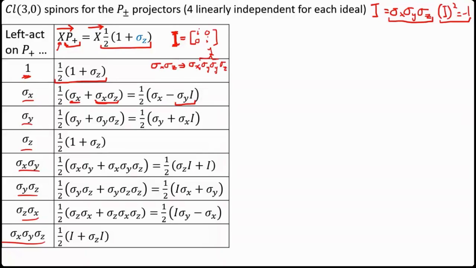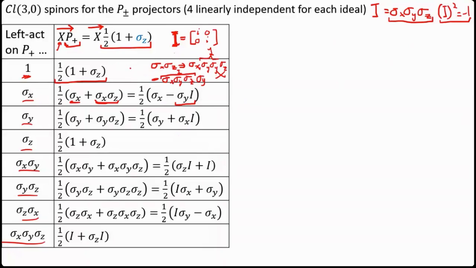Then we can swap 2 of them, so let's swap these 2. So we get x, y, z, and y, and that has a negative sign in front. And then this becomes I. Sorry, I should have had a slide on that, but this I is just the trivector x, y, z, and it's used to save space, basically.